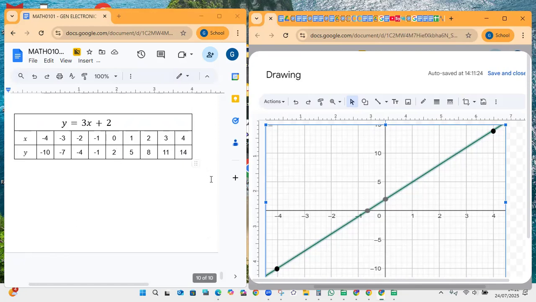So in this example, when the x solution increases by 1, the y values are increasing also, but by 3. And this is called the gradient. Okay? So here is an example of representing an equation on a graph. You have the x solutions and the y values. The y values are increasing by 3 each time the x solutions are increasing by 1.